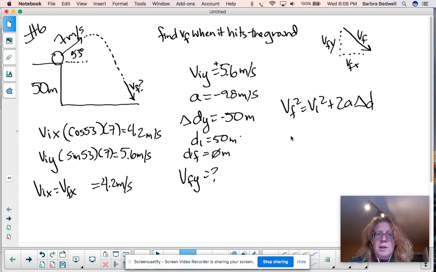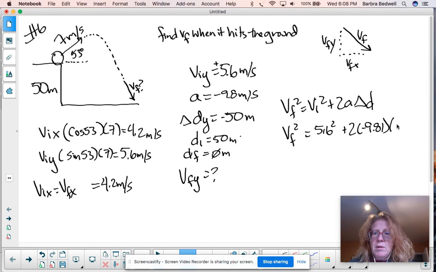And if you're doing this one, you're solving for VF squared, because that's what I want to find. VI squared is 5.6 squared, plus 2 times negative 9.81 times delta D, which is now negative 50. It's falling 50 meters.